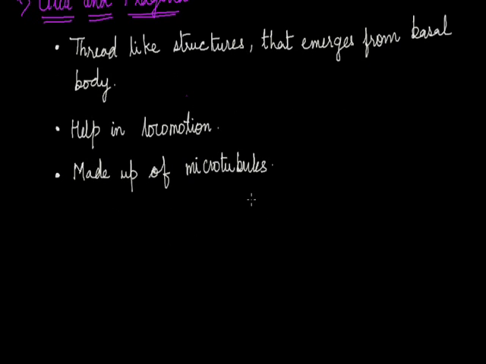Now, after knowing about cilia and flagella, let us discuss one more structure which is very important, and that is called chromosomes. These are the heredity material. They contain the heredity information in form of genes.